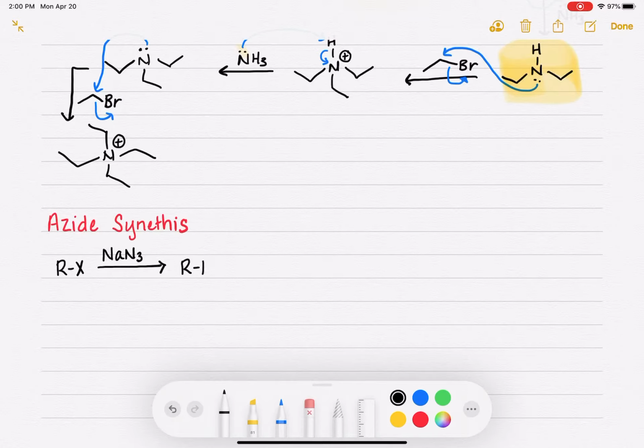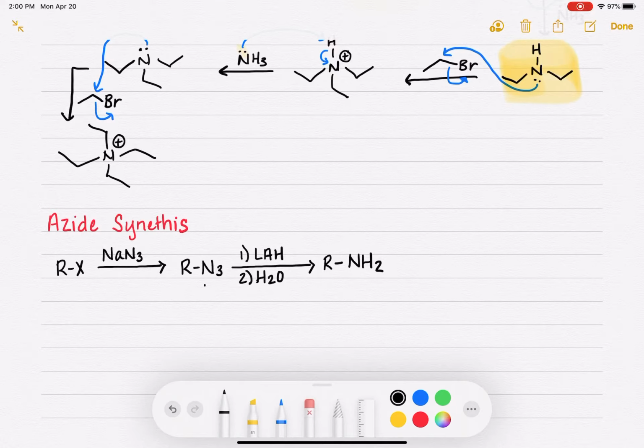It's going to give you this RN3 intermediate, and that RN3 intermediate, which I'm going to draw the structure out in just a minute, can be reduced with LAH followed by water. That reduces it down to an amine.